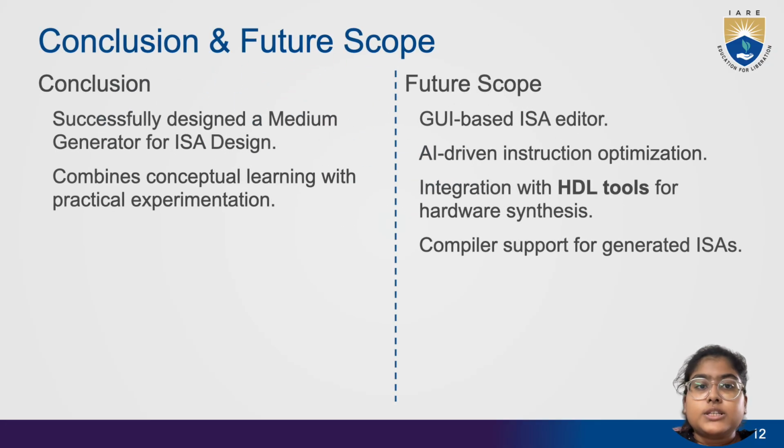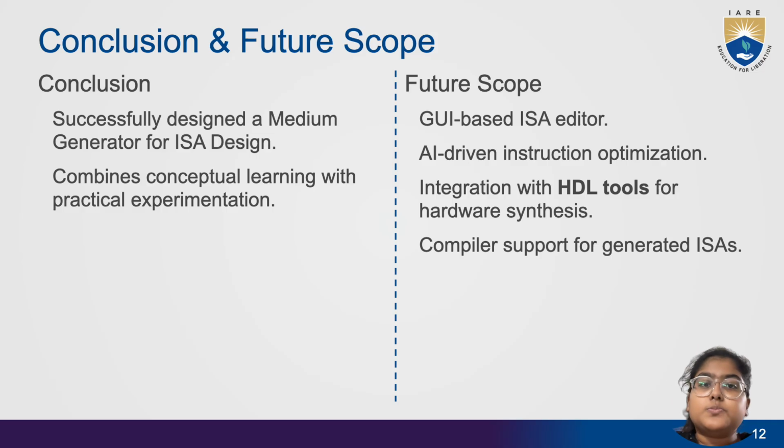To conclude, this project successfully developed a medium generator for ISA design, combining theoretical understanding with practical implementation. It helps students and researchers understand ISA structures, encoding methods, and performance implications through interactive case generation.